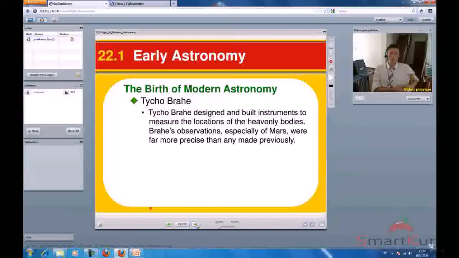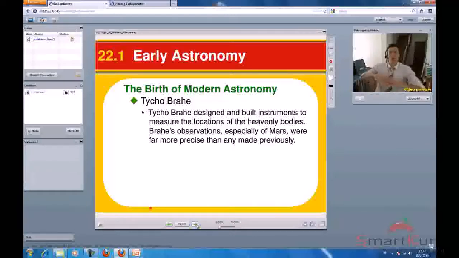Just like I remember when I was really young, the big science hero was Stephen Hawking, and science nerds wanted to be like Stephen Hawking. So for Tycho Brahe, that would have been Nicholas Copernicus. He would have admired Copernicus.